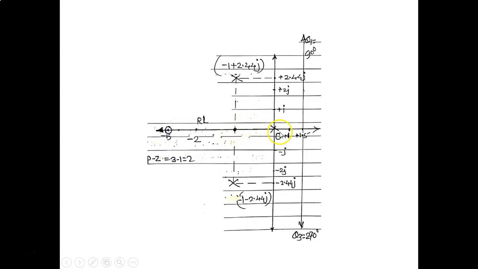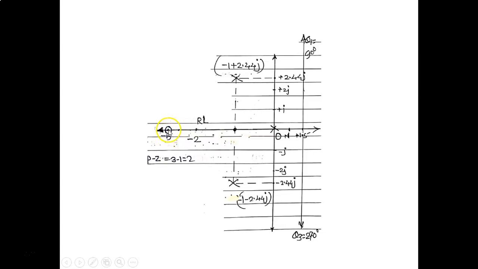Towards right side of this only one pole is there and 0 zeros are there, therefore p plus z is equal to 1 plus 0 is equal to 1, that is an odd number. Therefore root locus region exists between 0 and minus 1 plus minus 2.44j.